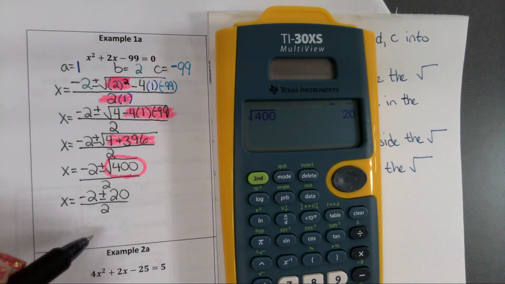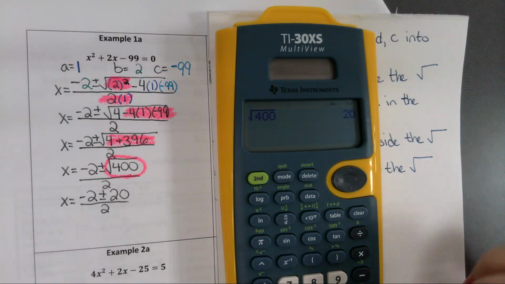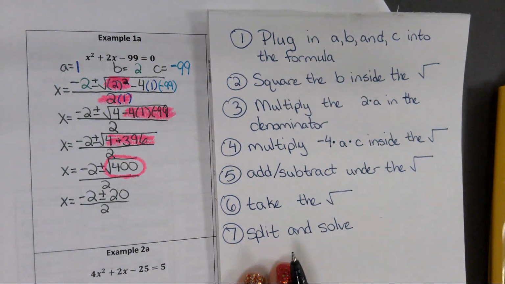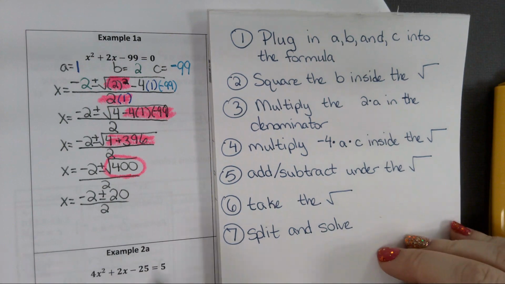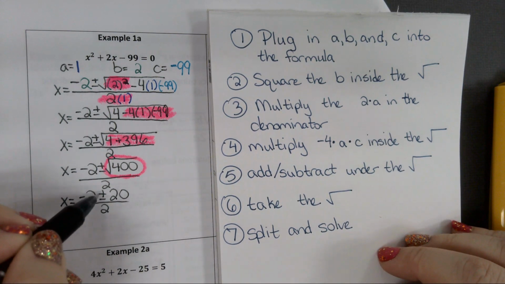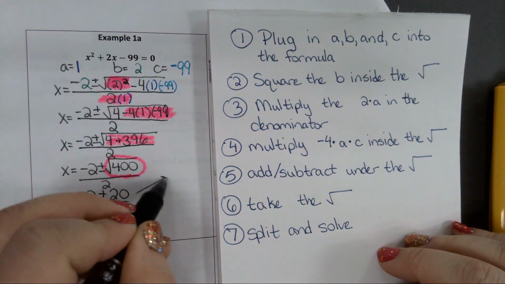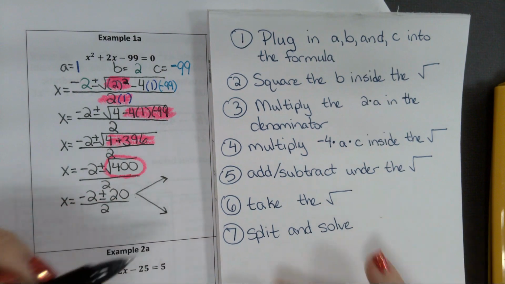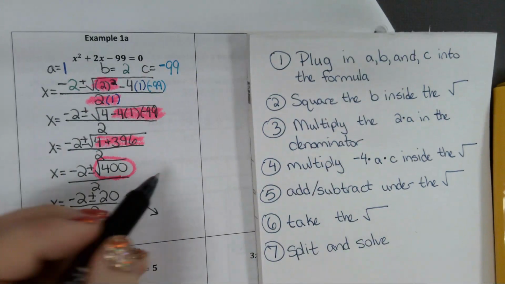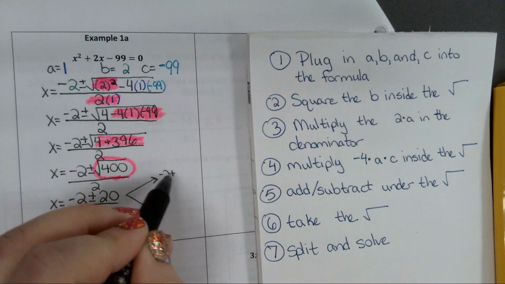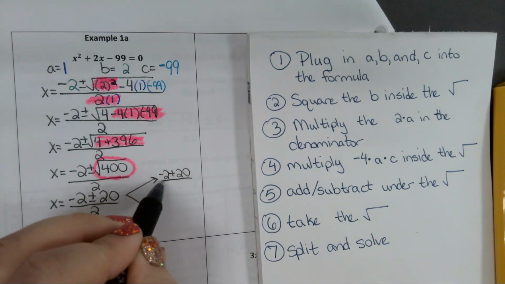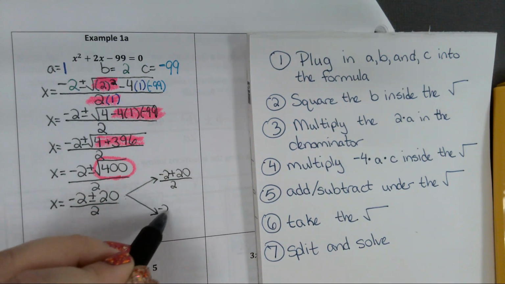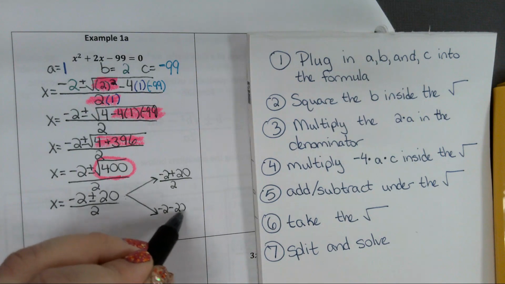Once you get to this part, we are going to do what I've referred to as split and solve. We're splitting up this plus or minus symbol into two separate equations. One of them will be -2 plus 20 over 2, and the other one will be -2 minus 20 over 2.